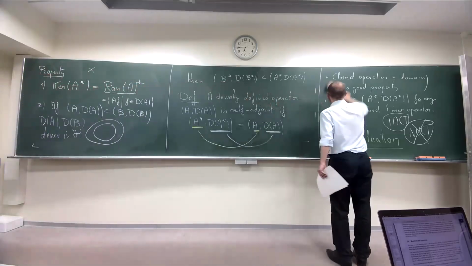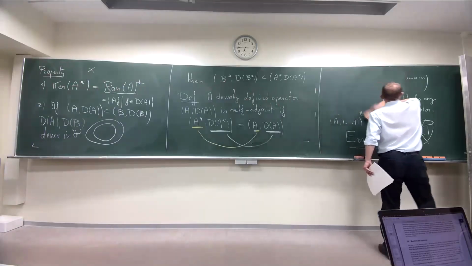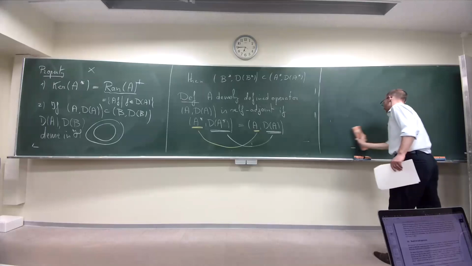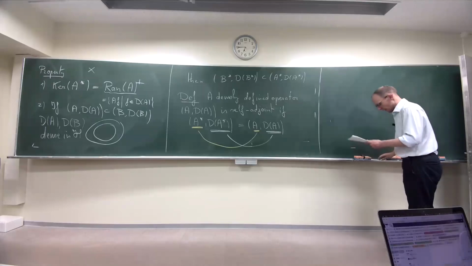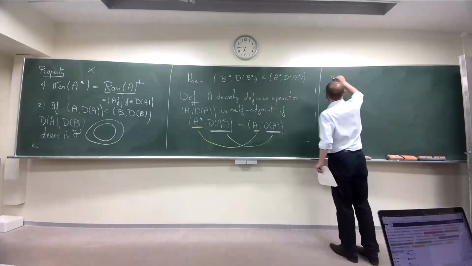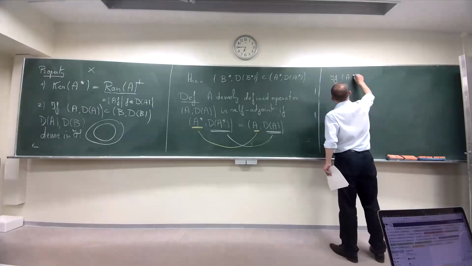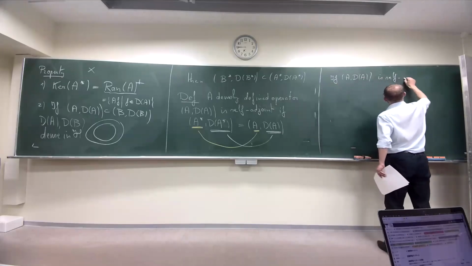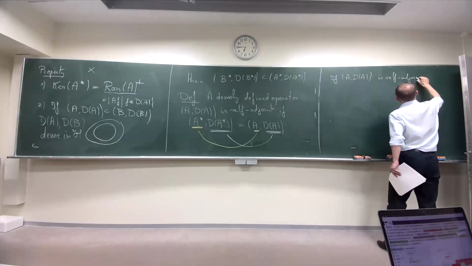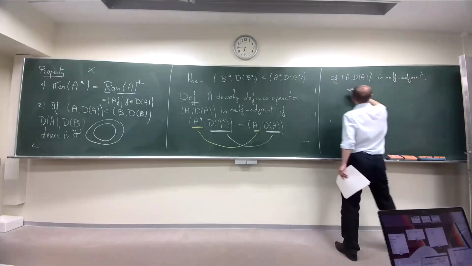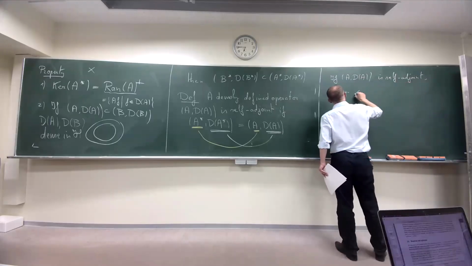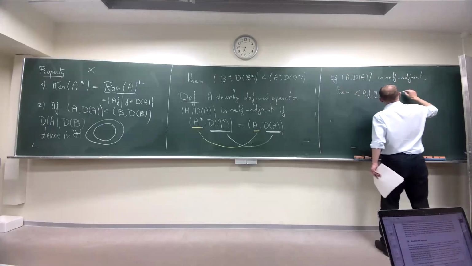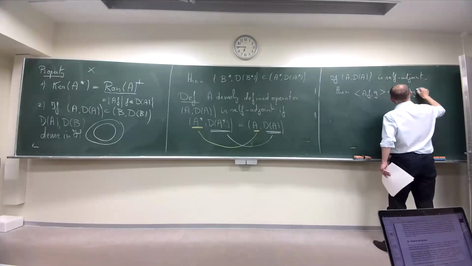And now an observation. We will deal with self-adjoint operators today and next week. If A with domain D(A) is self-adjoint, then we have this equality: (Af, g) is (f, Ag).